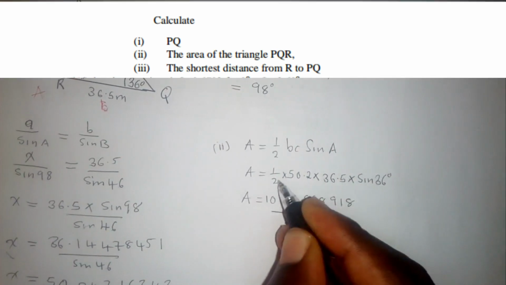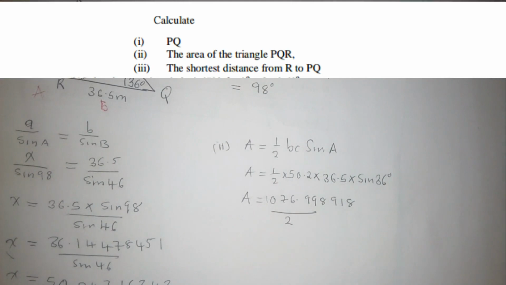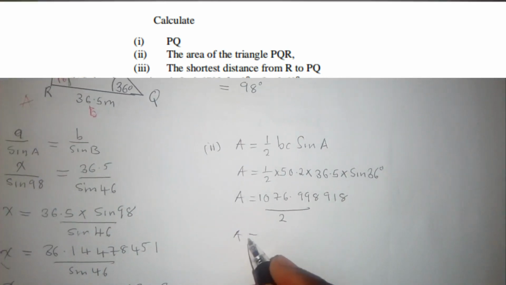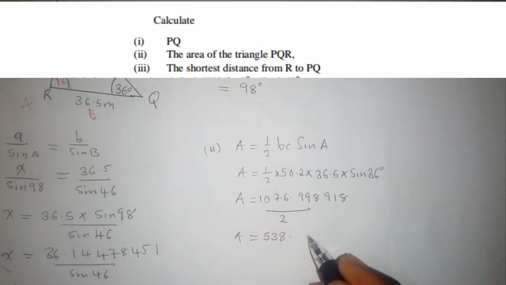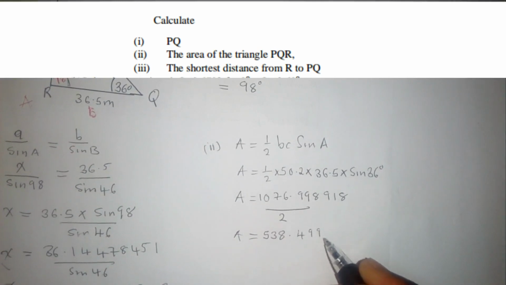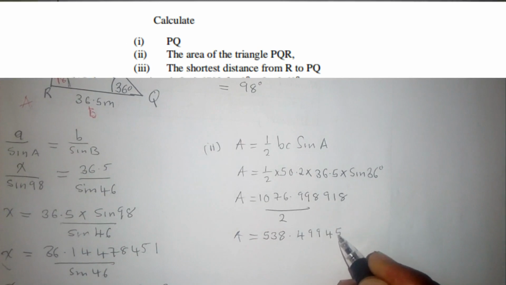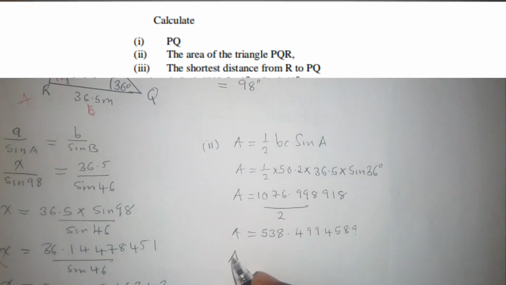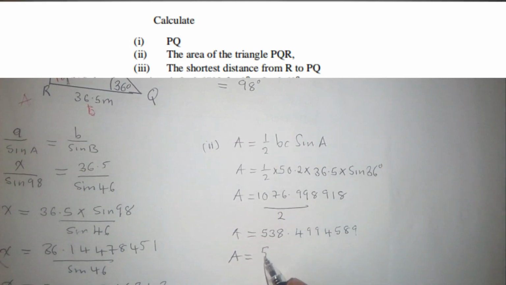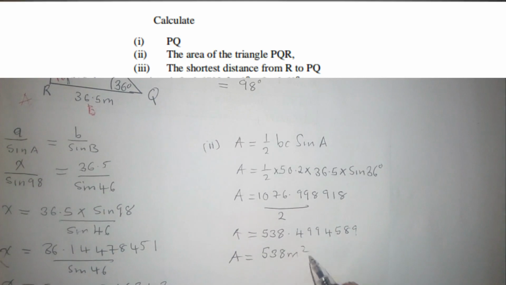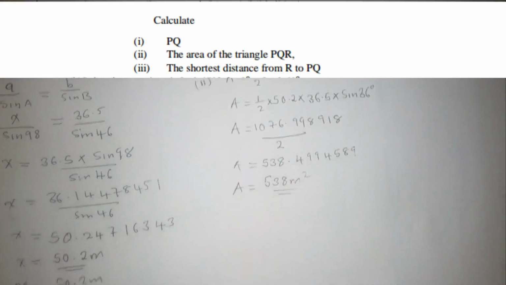You divide by 2, and we are getting our area to be equal to 538.4994589. Then our area, putting it in 3 significant figures, will be 538 meters squared. So this is our area.